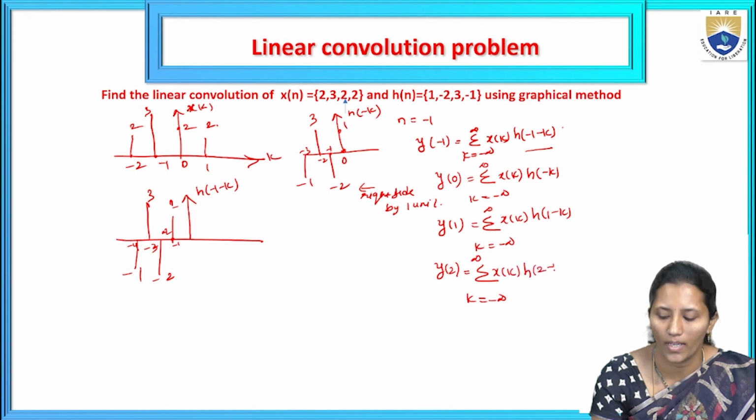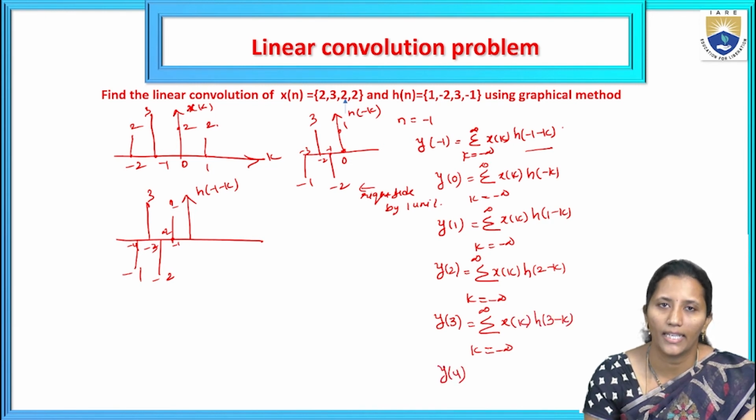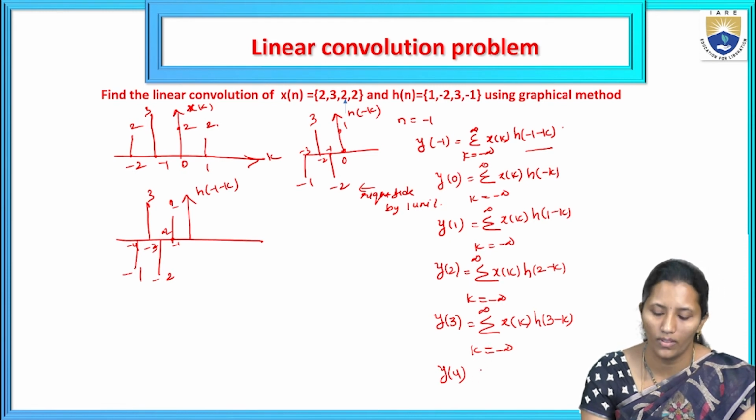So n is 2, 2 minus k. For n equal to 3, sigma k equals minus infinity to infinity x of k into h of 3 minus k. Last sample is y of 4 because the ending index of y of n is 4. So that is sigma k equals minus infinity to infinity x of k into h of 4 minus k.